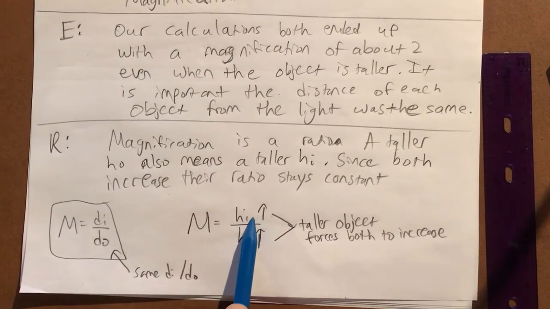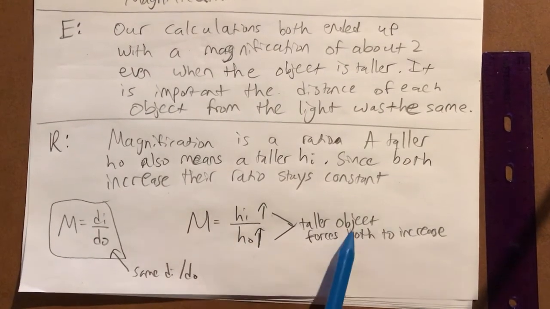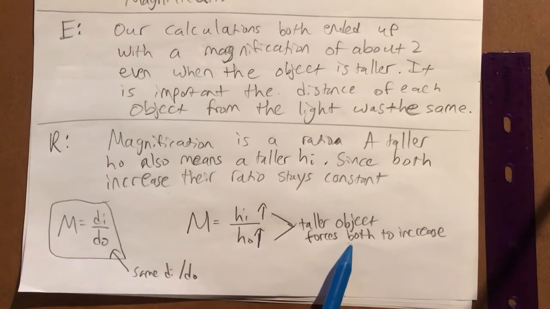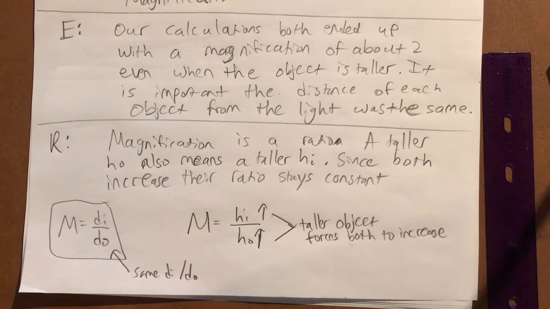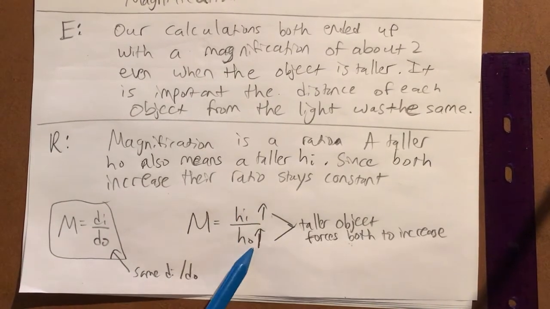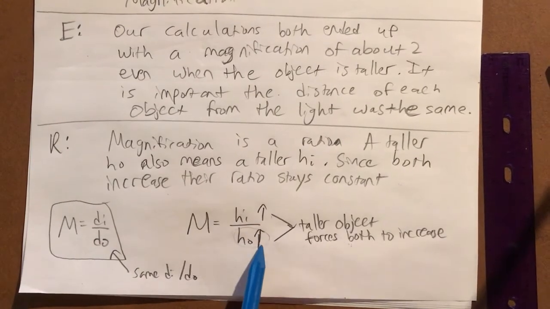So if the numerator gets bigger and the denominator gets bigger when a taller object is put in the same spot, when the height of the person on the bottom is bigger, so is the height of the shadow.